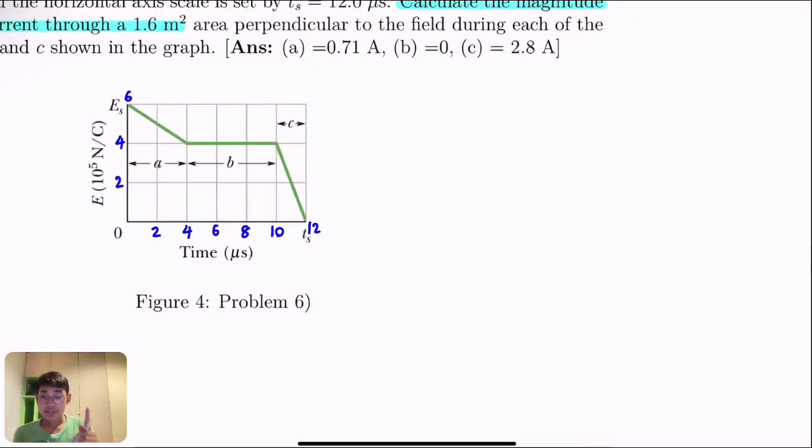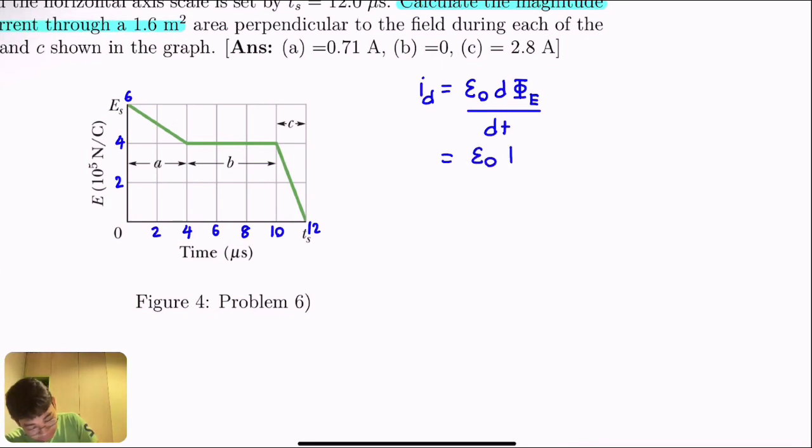Okay, first thing you need to know is the formula of displacement current, right? It is I_D equal to epsilon naught d flux by dt. But flux is E times A, right? So it should be epsilon naught d(EA) by dt.